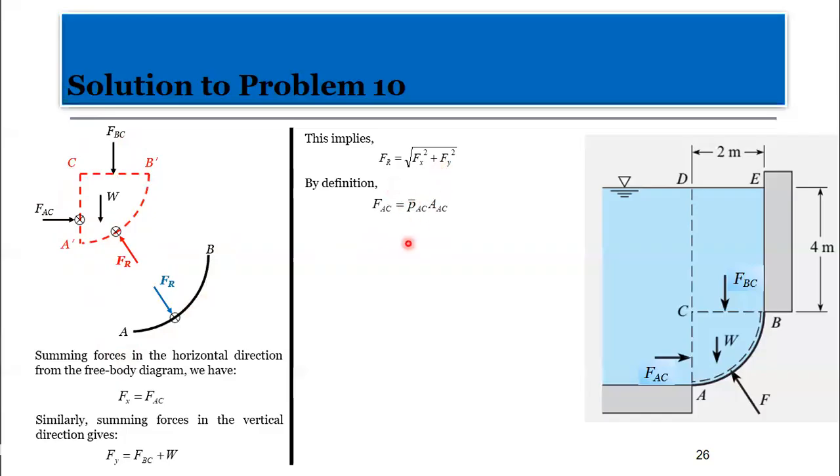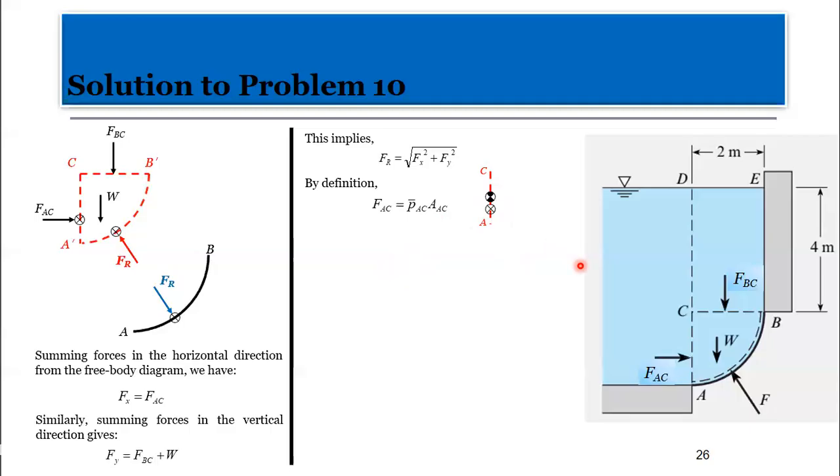P bar AC, it's actually P bar A, right? Good. Our focus is on the AC. Remember the centroid is somewhere here, and the center of pressure is here.